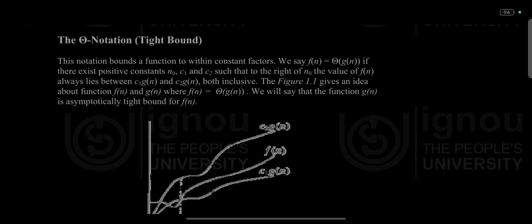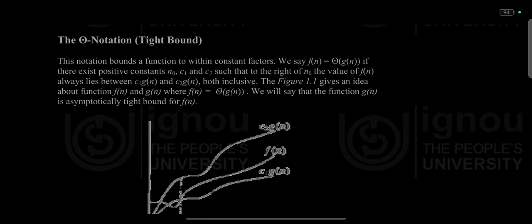The theta notation, tight bound. This notation bounds a function to within constant factors. We say f(n) is equal to theta g(n) if there exist positive constants n0, c1 and c2 such that to the right of n0 the value of f(n) always lies between c1 g(n) and c2 g(n), both inclusive.